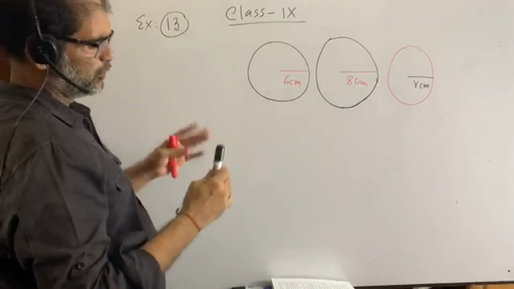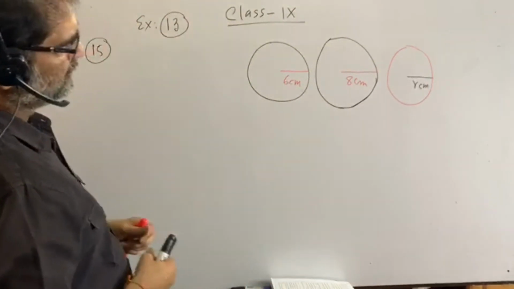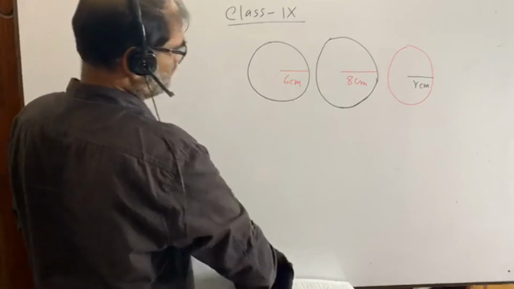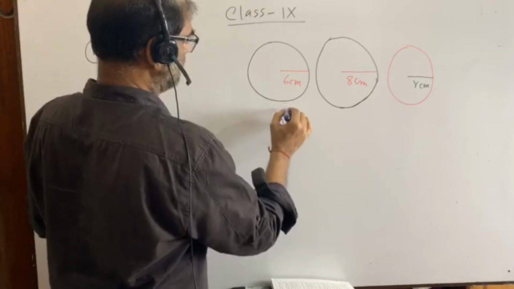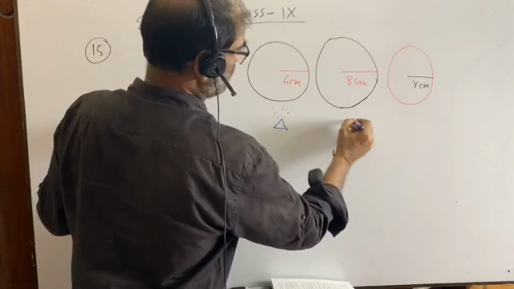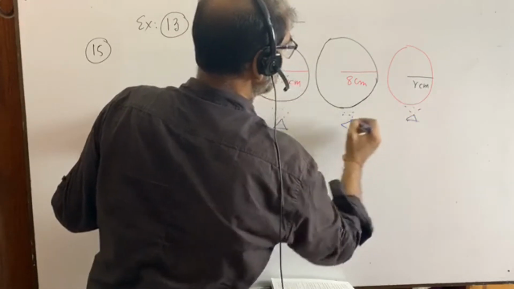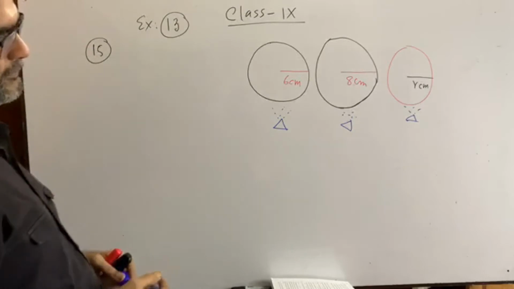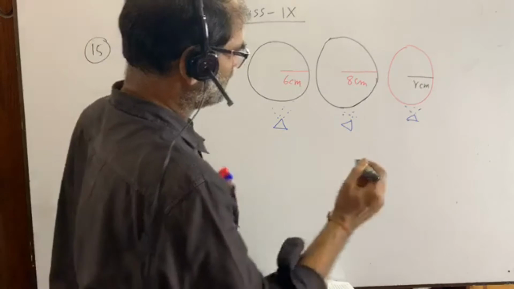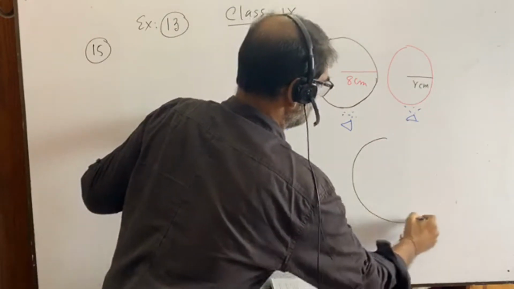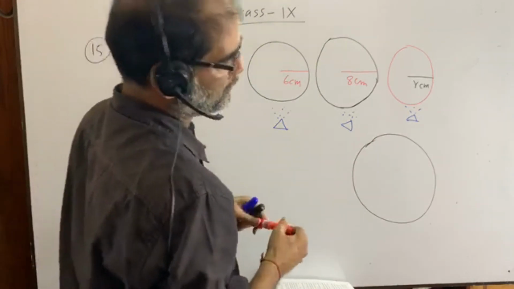Now these 3 balls will be melted. Suppose they will be melted, that means heat, and a new solid sphere of 9 centimeter is to be formed.